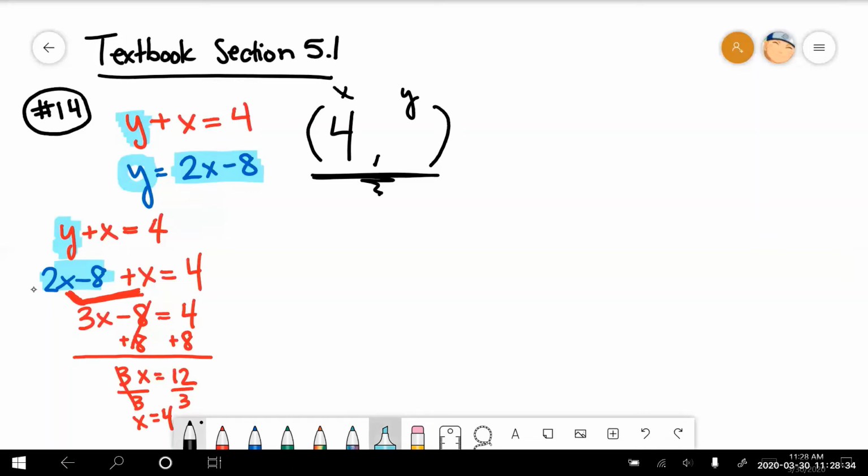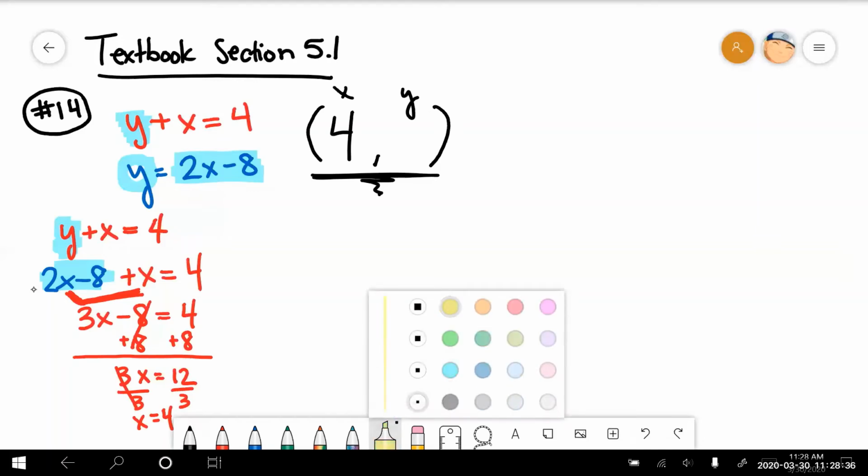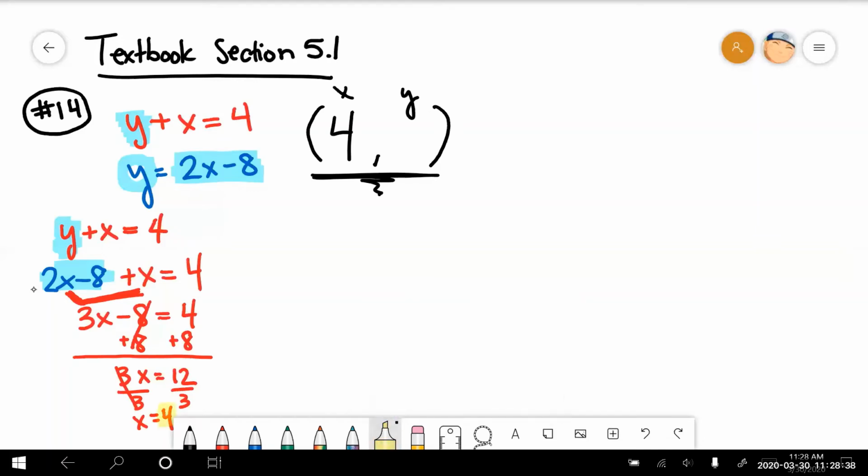So what I'm going to do now is what we did before. I'm going to take my value of x and plug it into one of the equations above. Again, it doesn't matter which equation we use. I'm going to go ahead and use the blue one since we haven't used it yet. Okay, so y equals 2x minus 8.